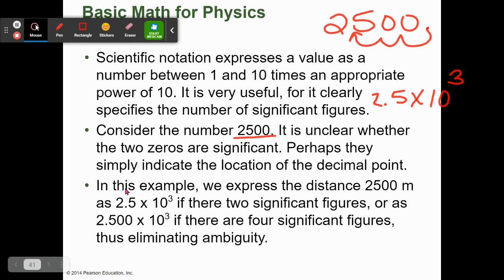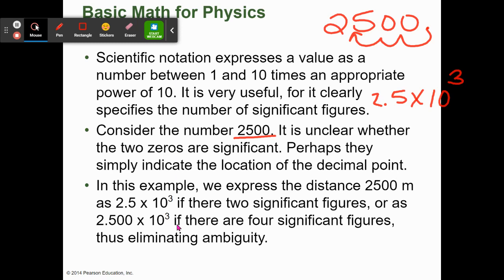All right, so here is our answer, 2.5 times 10 to the 3. Now, the other good thing about writing numbers in scientific notation is the number part, all of those digits in there are significant. We have to write them as significant. So when we say 2.5 times 10 to the 3, how many significant digits are in that number? 2. The 2 and the 5.